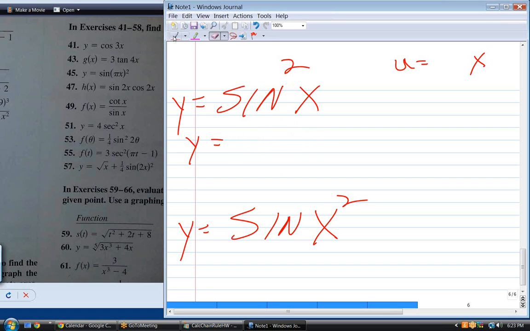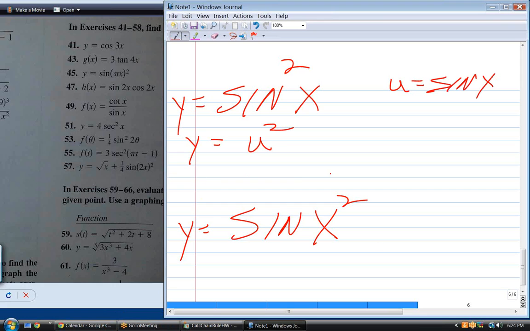But I can take the derivative of u squared. So you have to figure out what to make the inside such that you'll be able to differentiate. As long as I make it that, then this is going to turn into u squared. I know how to differentiate that easily.